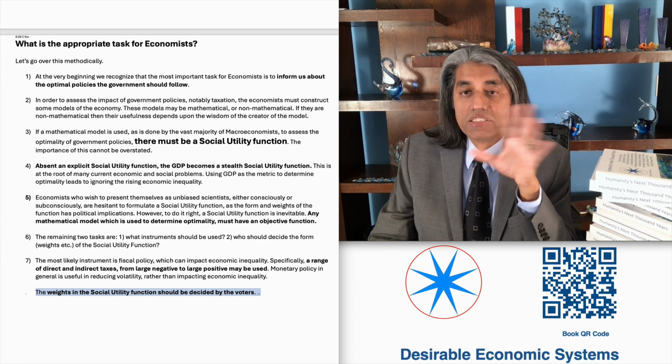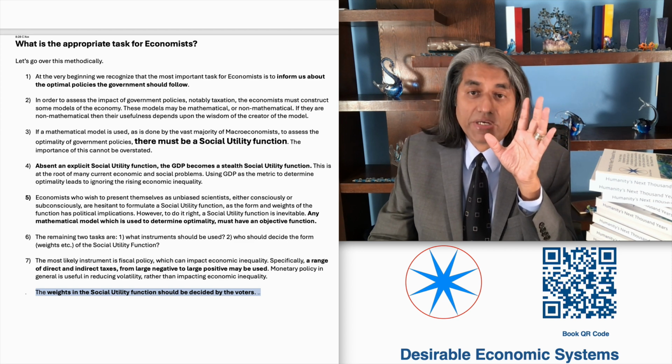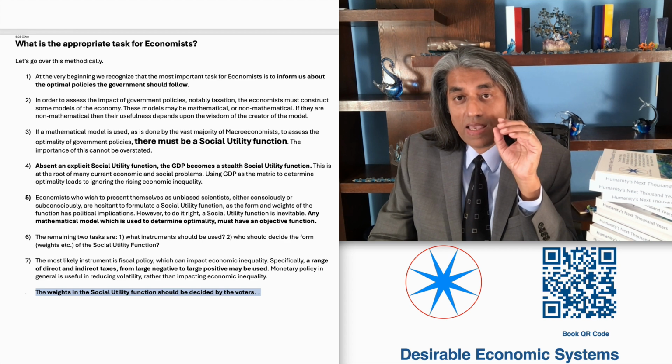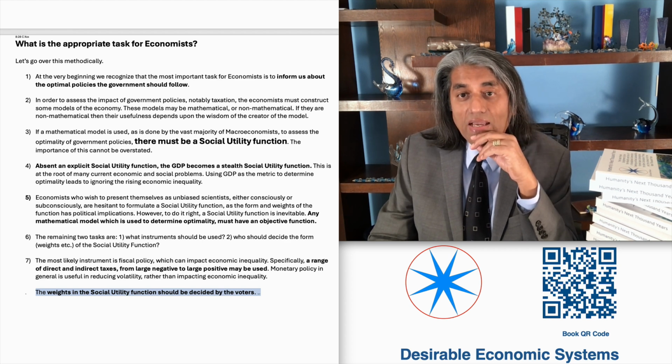Bottom line, you can't just ignore the social utility function and pretend that GDP is the social utility function, because that is leading to a lot of problems.